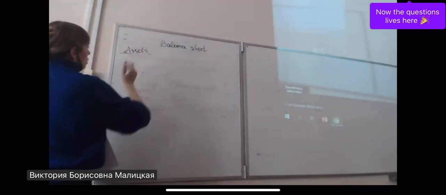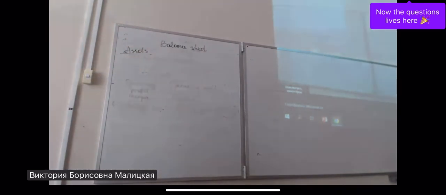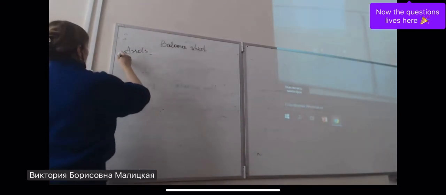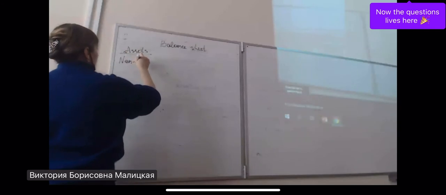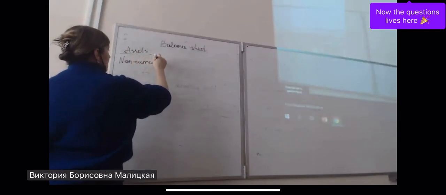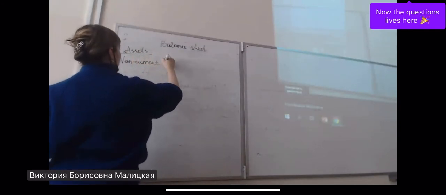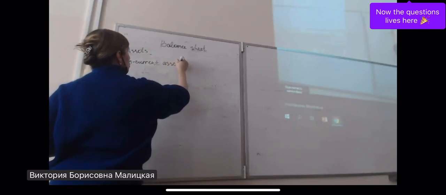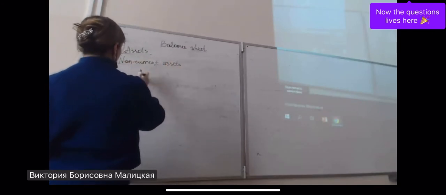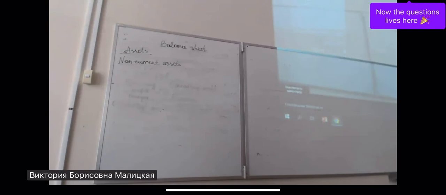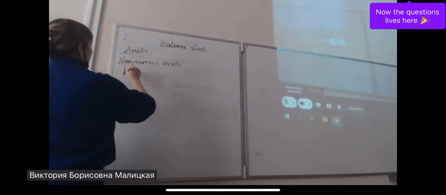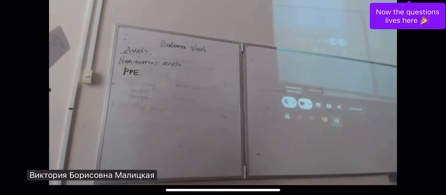And the first asset is non-current assets. So we have what? Property, plant, and equipment, right? PP&E.